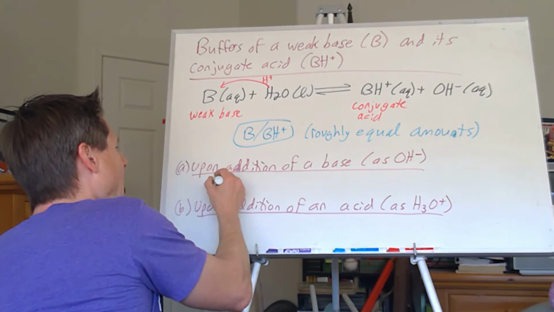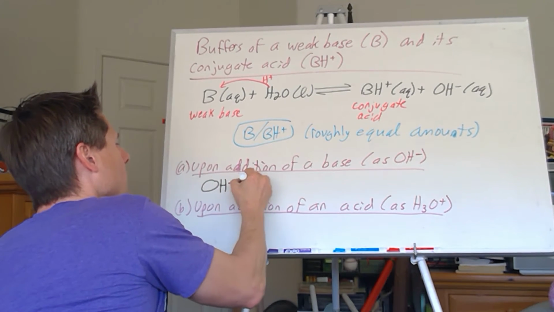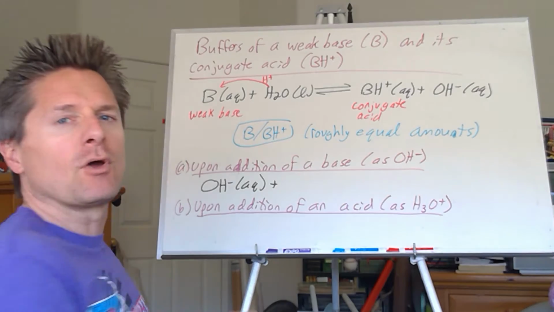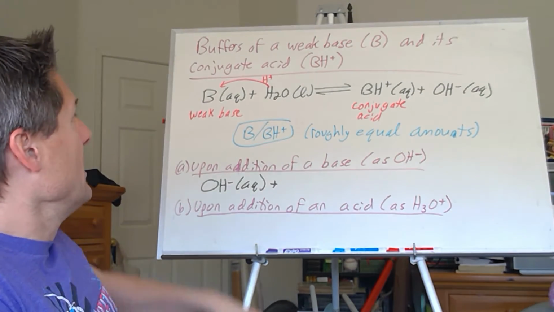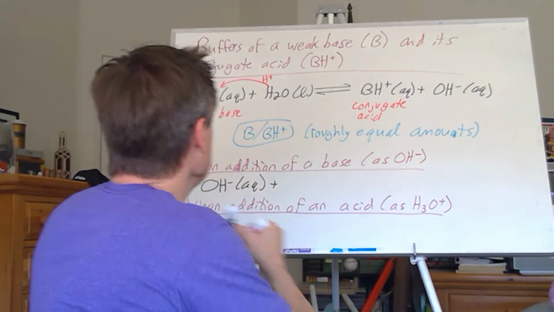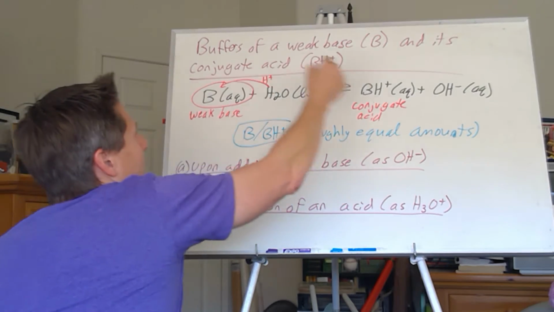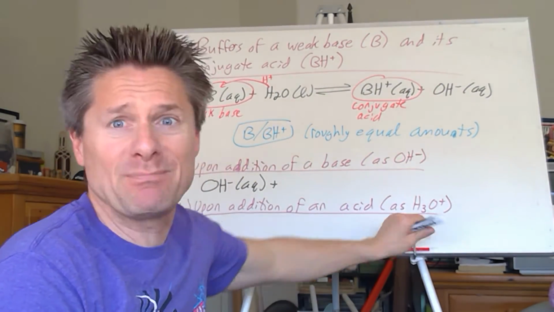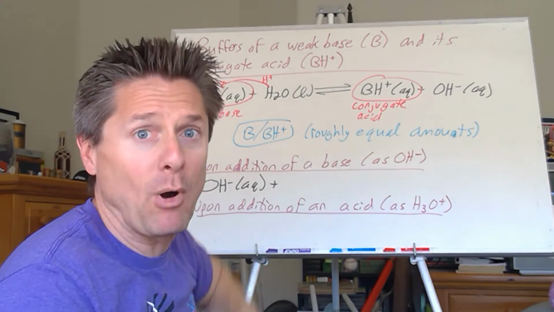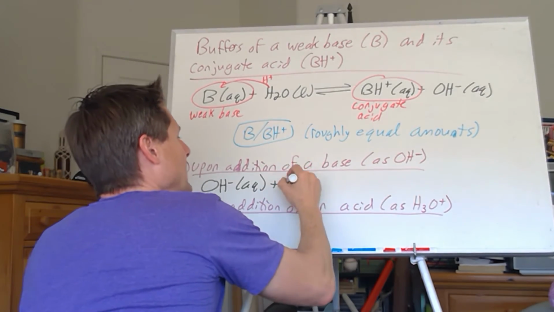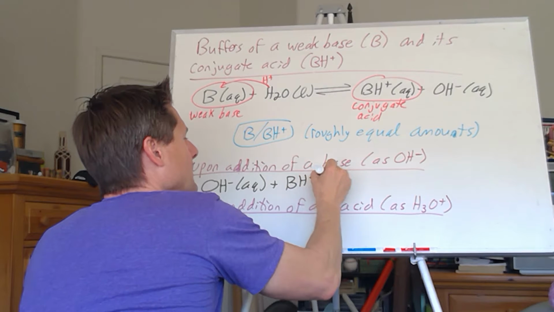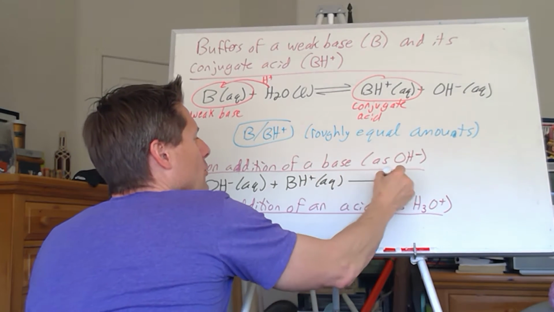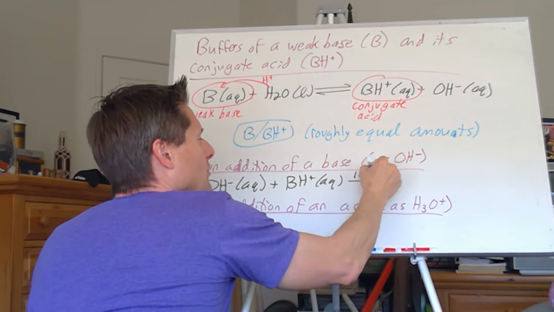Let's say we add some base to it, some sodium hydroxide or whatever. Well, look at your system. You've got the weak base. You've got its conjugate acid. If I'm adding a base, the base part ain't going to neutralize it. The acid part's going to neutralize it. So the conjugate acid will neutralize that strong base to 100%.